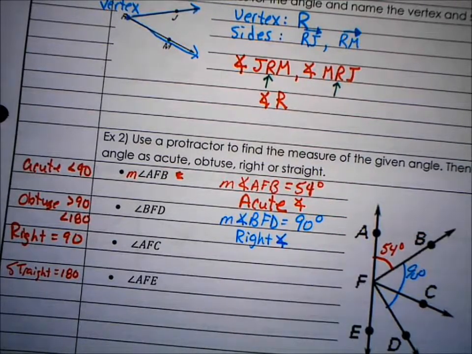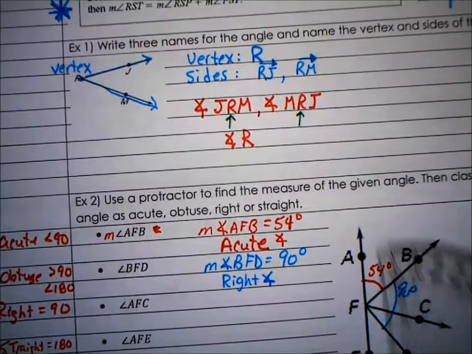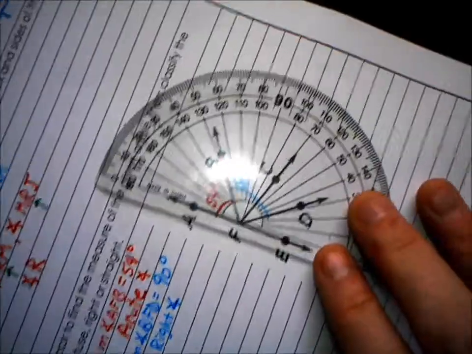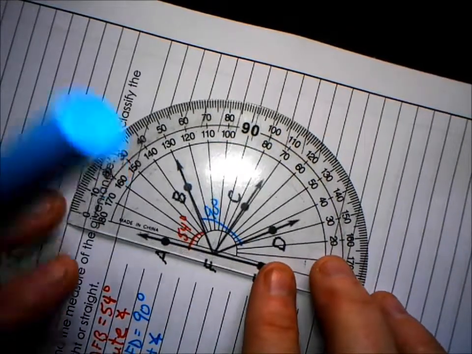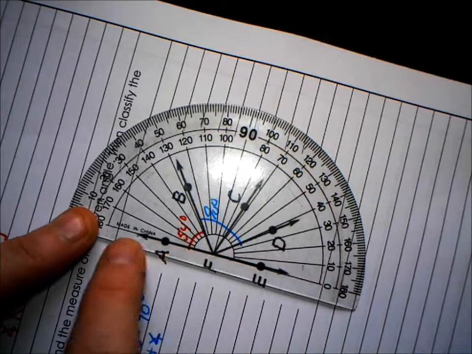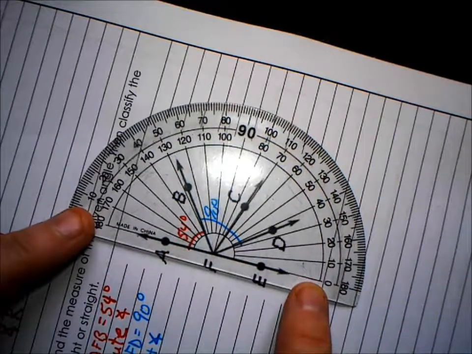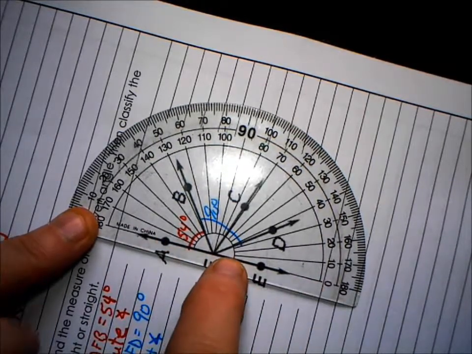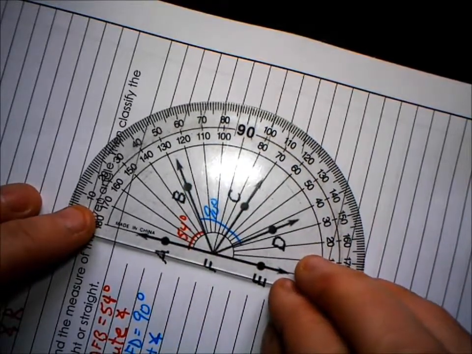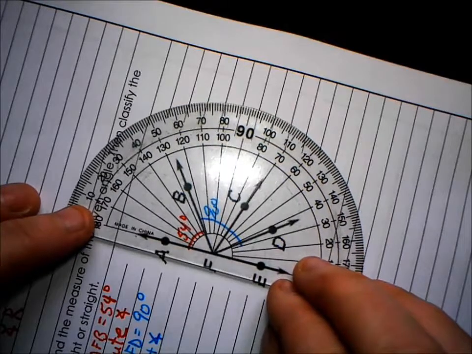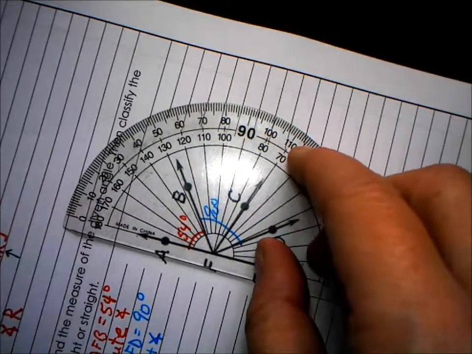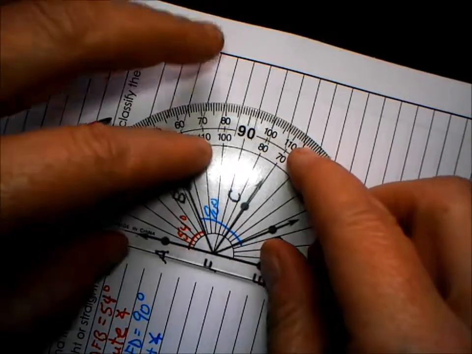Alright, looking at the third example, AFC. If I go back to my protractor, let me turn this sideways finally. I'm going to line it up, put your center point at F. The edge of your protractor is along the bottom of your protractor's line. And then AFC, if I'm looking at it, I get in the right spot. That's really close to my value.